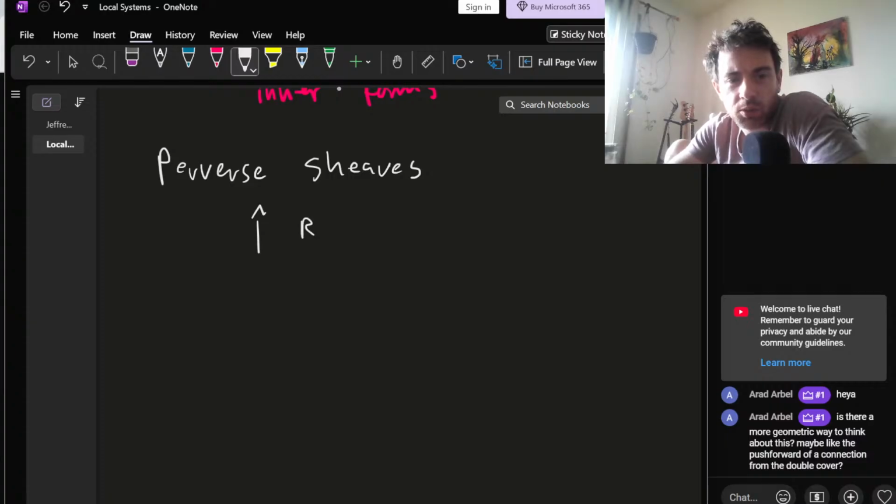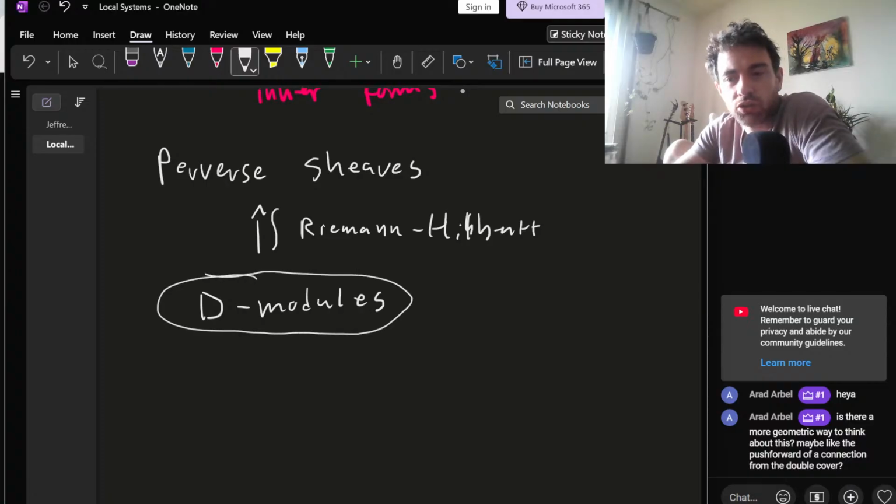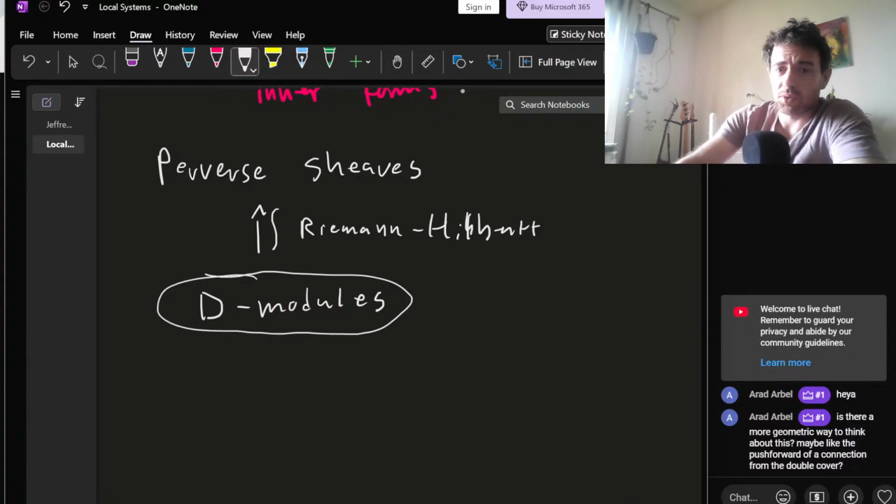And the Riemann-Hilbert correspondence gives you an equivalence of categories between perverse sheaves and D modules. And I'm trying to understand this and the D module side of the story better so that we can maybe make use of some of those tools.